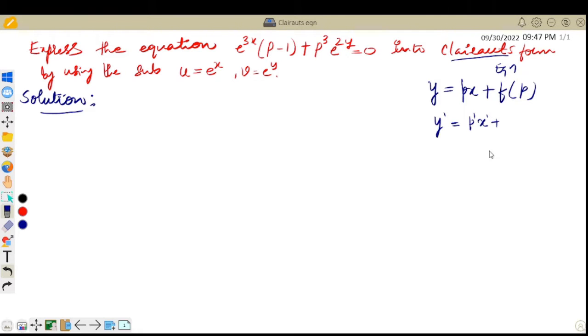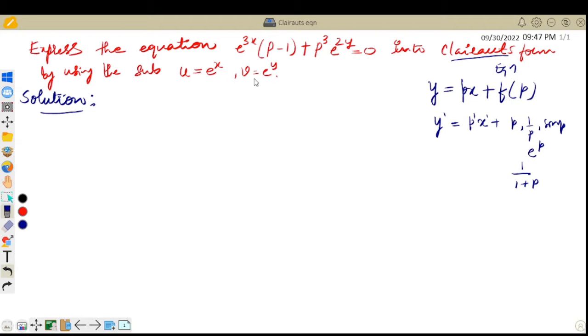A function of p may be either p or 1 by p, or it may be sine p, or e raised to p, or 1 by 1 plus p. Whatever it may be, it must be a function of p.